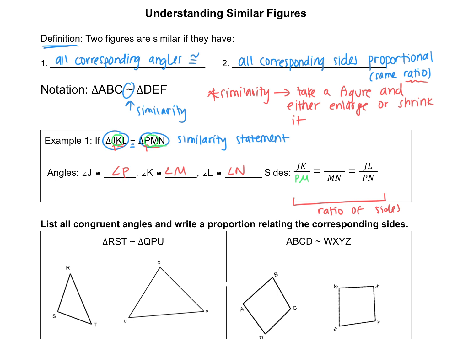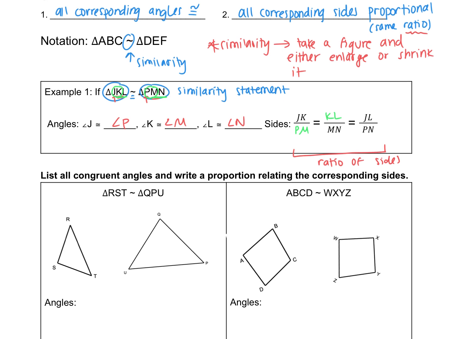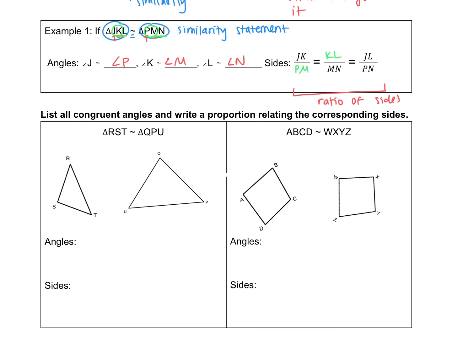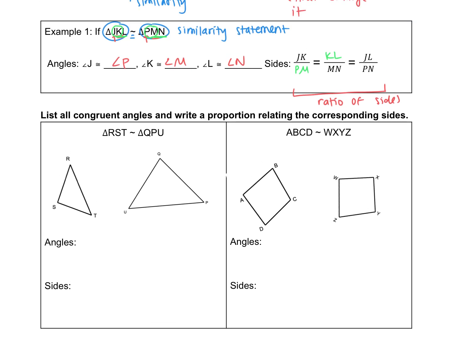MN, the second and third, goes with KL. And then we see that JL, the first and third, goes with PN. How do we feel about that? Okay, great.